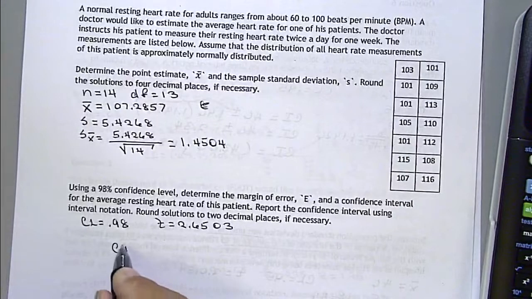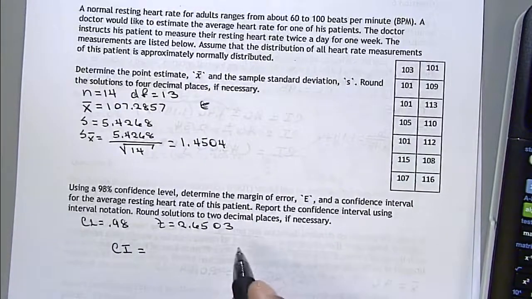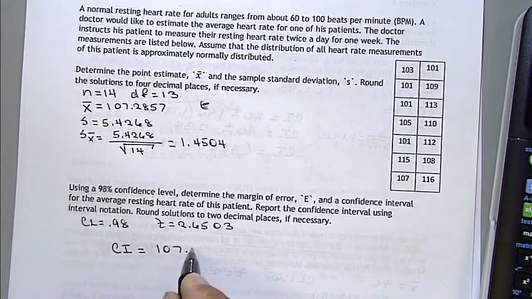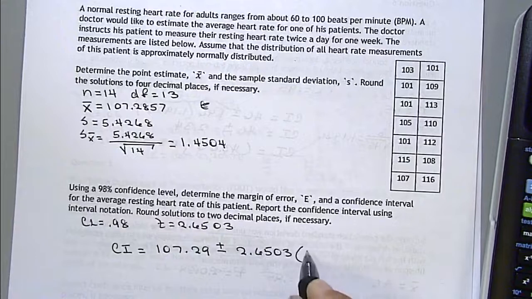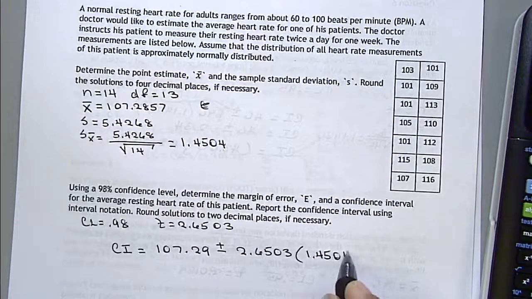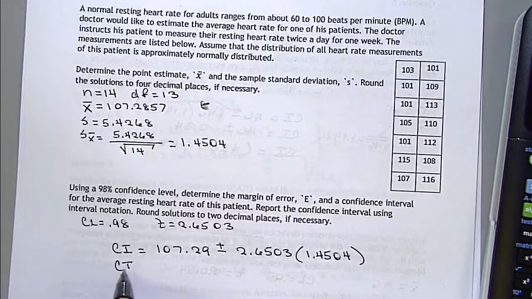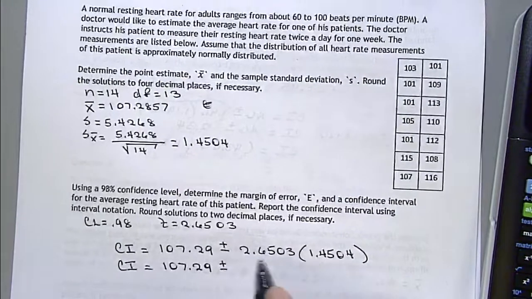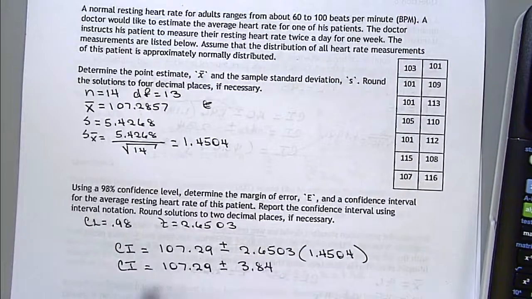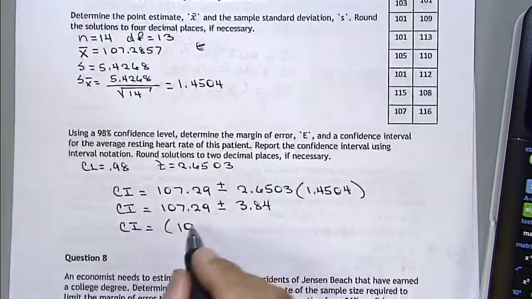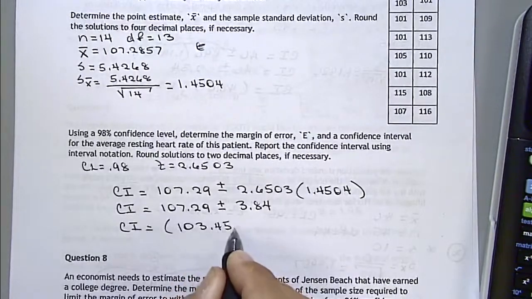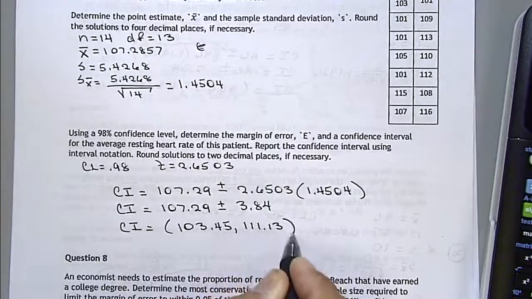Confidence interval is now equal to the sample mean, 107, let's round to 2 decimal places, 29, plus and minus the t-score of 2.6503 times the standard deviation of 1.4504, and then I'll have the confidence interval is equal to the sample mean plus and minus the margin of error, which is 3.84. Confidence interval equals the low number I got, 103.45, the high 111.13. That should be right.